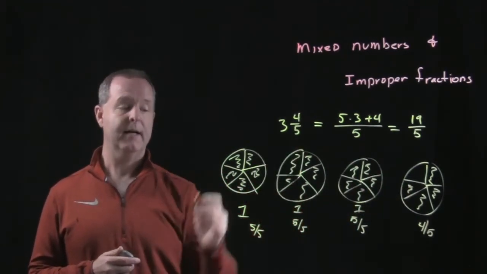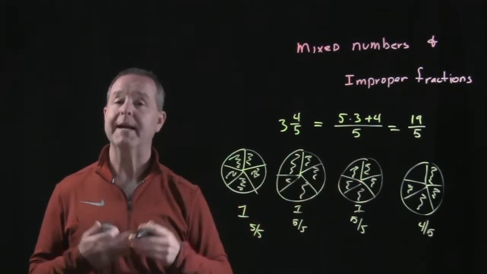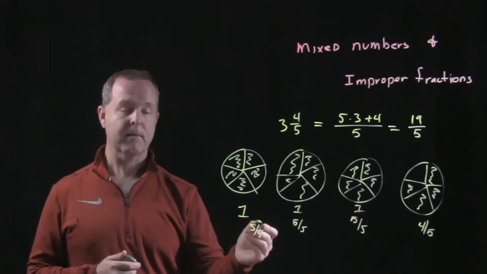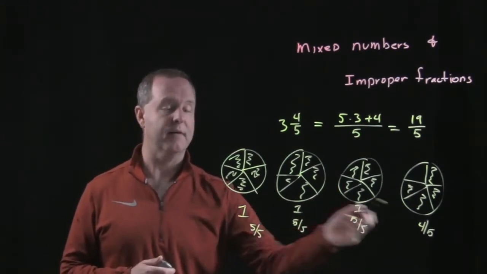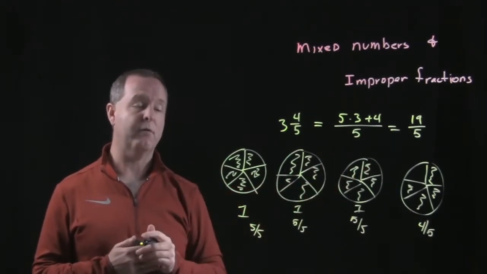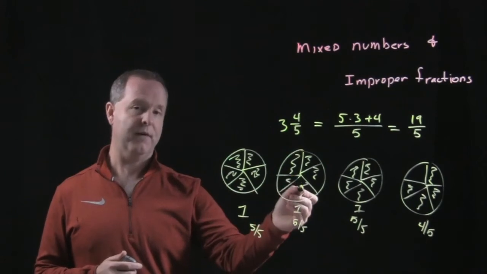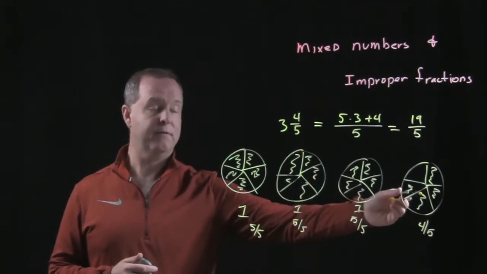The 3 means I have one whole plus another whole plus a third whole, which makes 3 wholes. 3 wholes of 5/5, 5/5 plus 5/5 plus 5/5 equals 15/5. So how many total do I have colored in for the entire 4 pieces? 5 plus 5, 10, plus another 5, 15, plus 4 more.